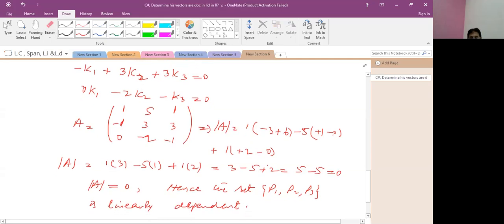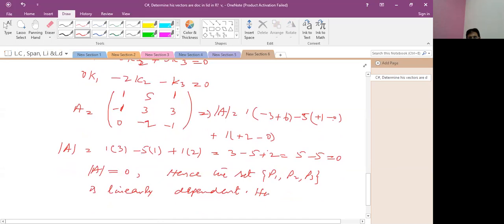Hence the linear system has a non-trivial solution.